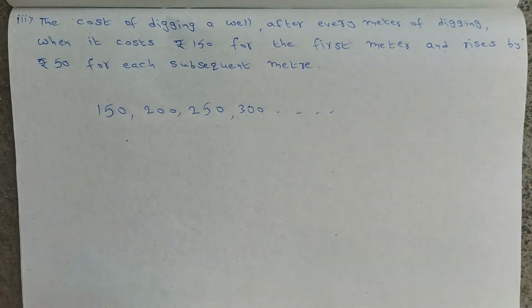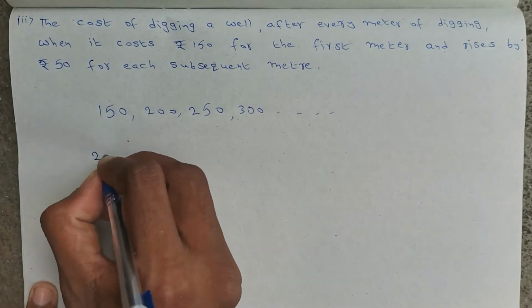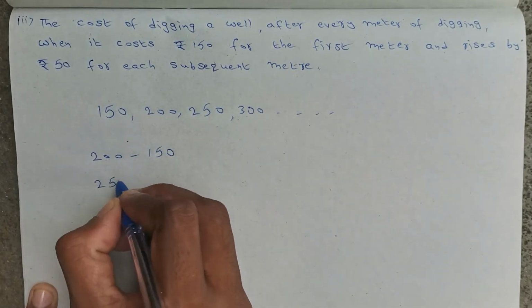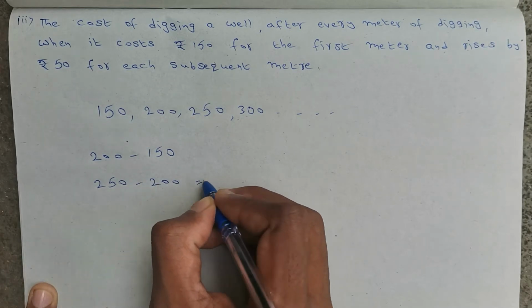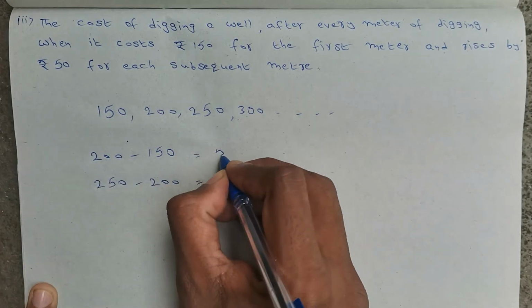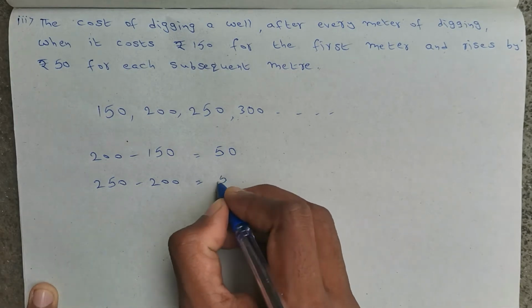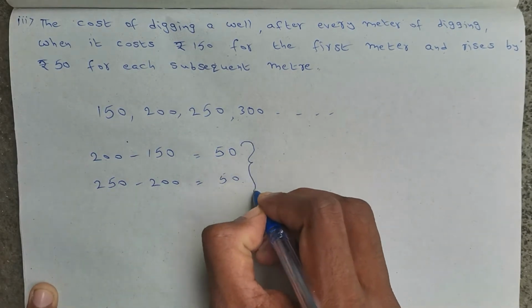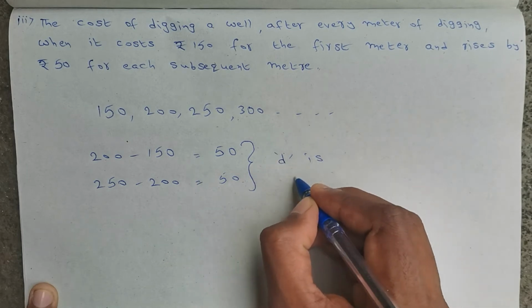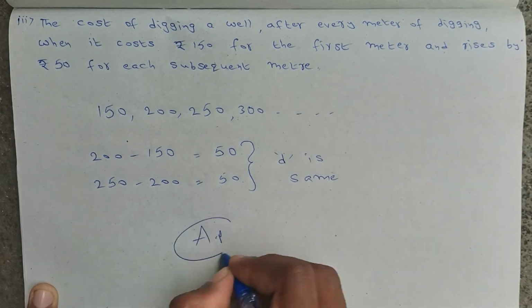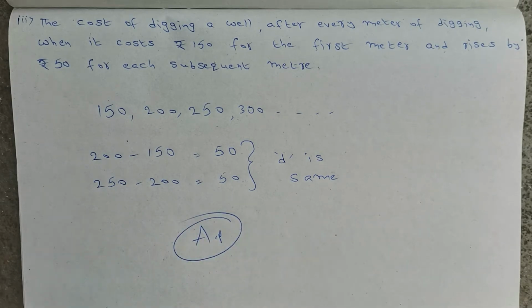Now let us check whether it is in AP or not. Second term 200 minus first term 150 is 50, third term 250 minus second term 200 is 50. So here the common difference is the same. So we can conclude this situation belongs to AP.